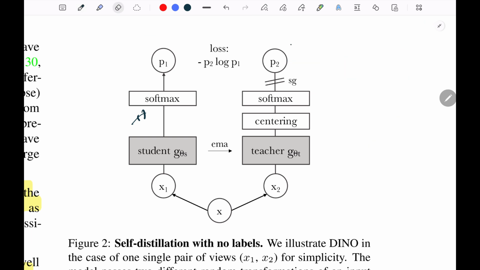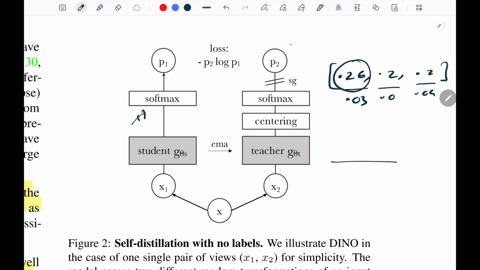In sharpening, we are trying to push the other way. We want to push away from a uniform distribution. Say something is like 0.26 and the values are very close by. When we divide by a small temperature term, the differences become bigger, right? So after sharpening, the distribution will peak around the value.